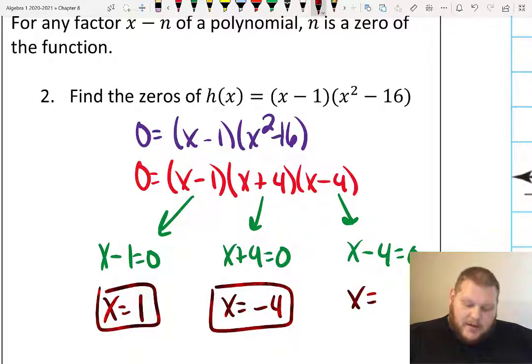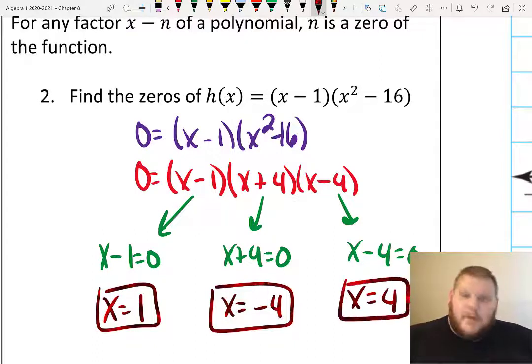My hand can write separate from what my brain is thinking about. There we go. So those are my three zeros, my three roots. And again, don't let it throw you off that there's more than two solutions. We have that when we get to higher degree polynomials. We have three factors, we have three solutions, no big deal.